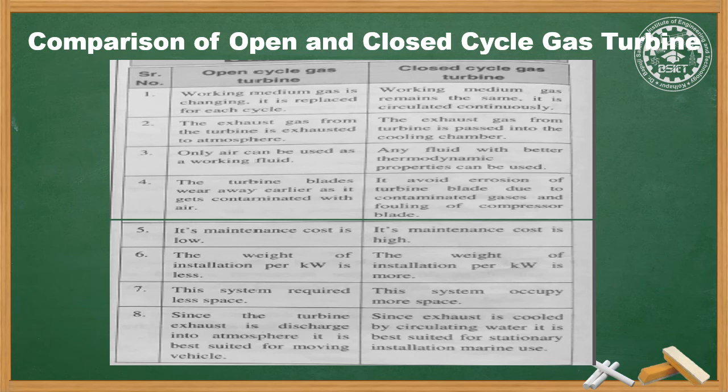The open cycle gas turbine requires less space, whereas the closed cycle gas turbine system requires more space. Since in the open cycle gas turbine the exhaust is discharged into the atmosphere, it is best suited for moving vehicles, whereas in the closed cycle gas turbine the exhaust is cooled by circulating water. It is best used for stationary installation or marine use.